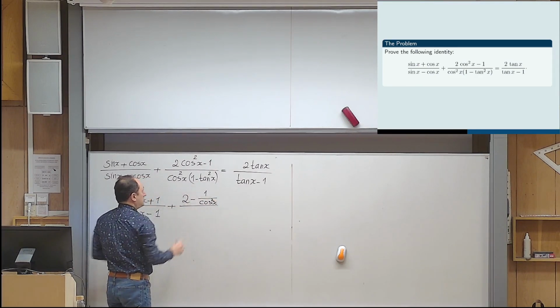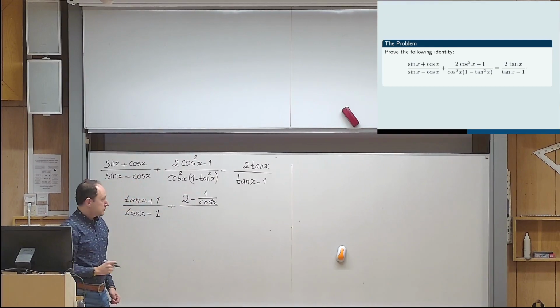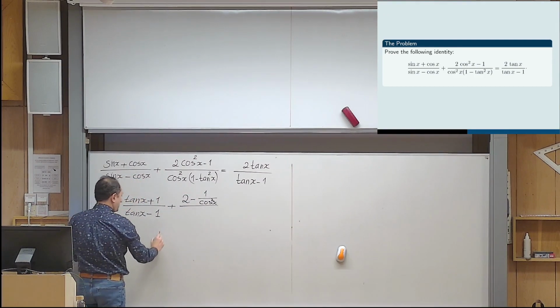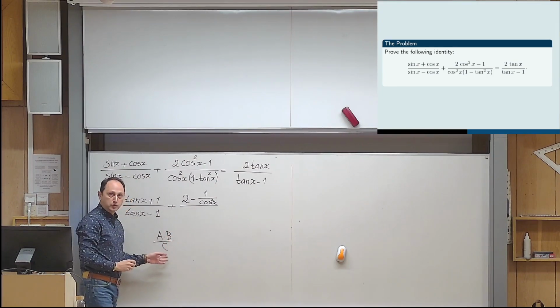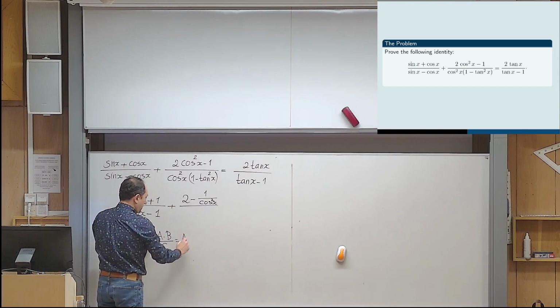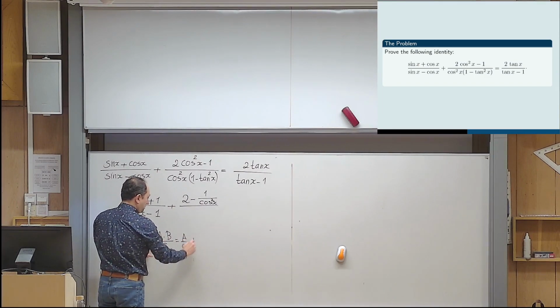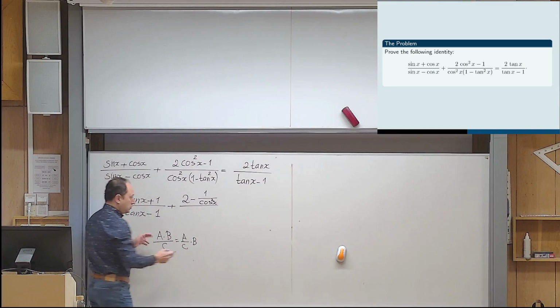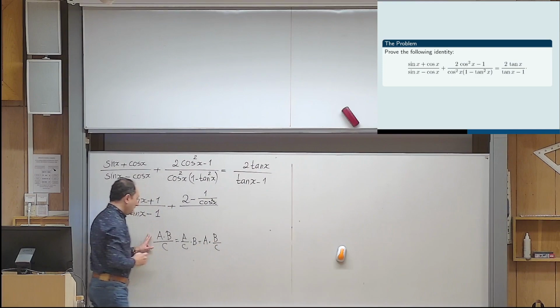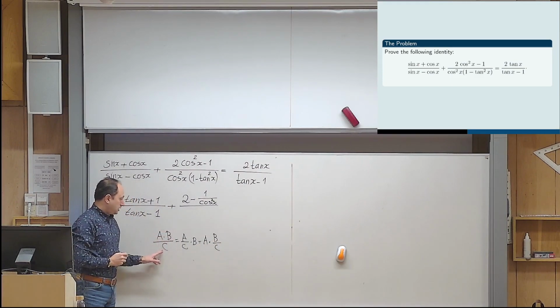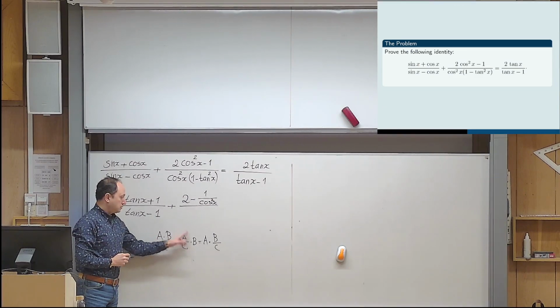But in the denominator, I have the product of two numbers. So for example, if you have a times b, and you want to divide this by c, this is one way of doing it. Or you can write a over c multiplied by b, that's also correct. You can write it as a times b over c. So if you divide a product by a number, you can divide the first factor by the number and multiply the fraction that you get by the second factor.